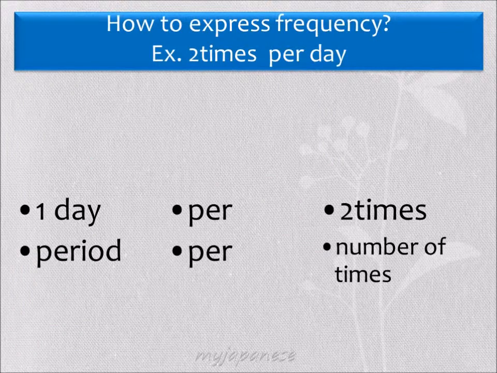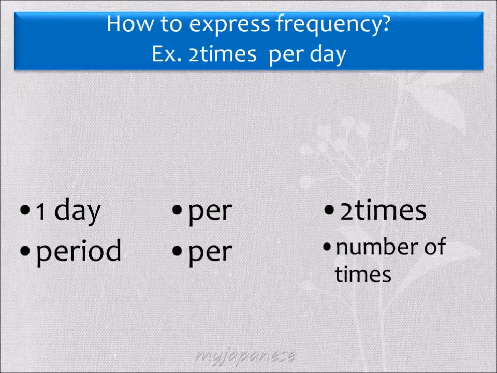Now, let's practice how to express frequency in Japanese, like once a week, twice a week. Actually, we have various ways to express frequency. Here, I introduce the most popular one. Here is an example for 2 times per day.